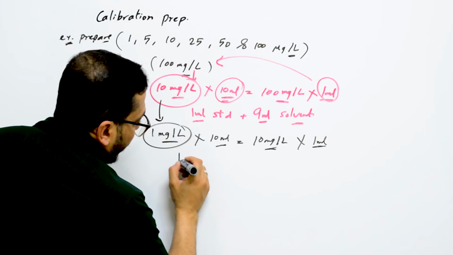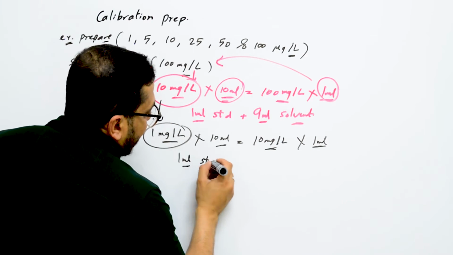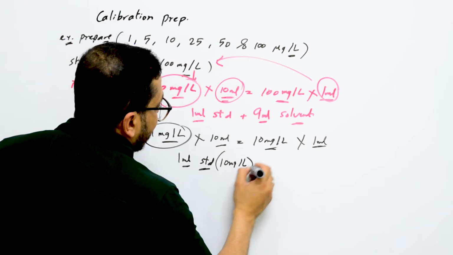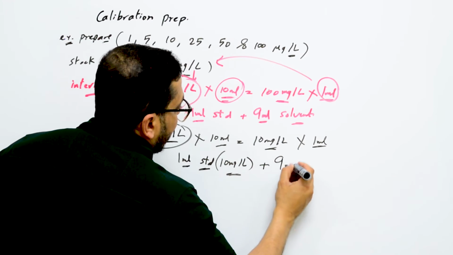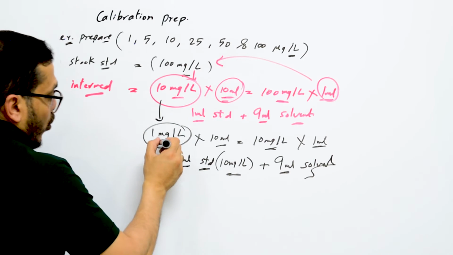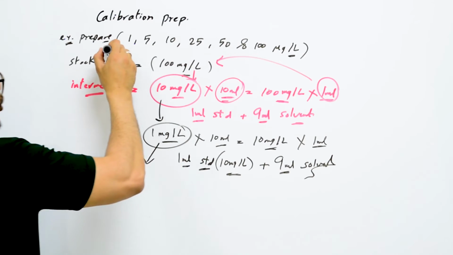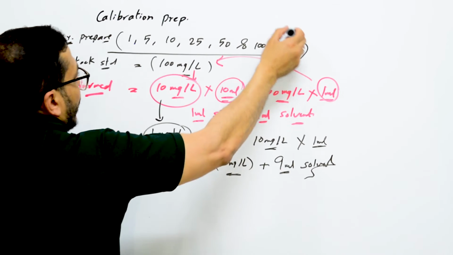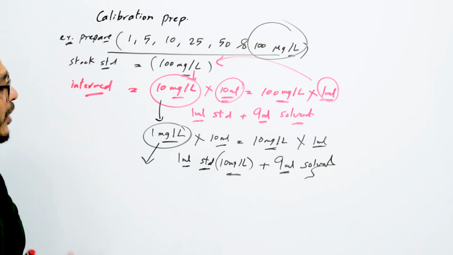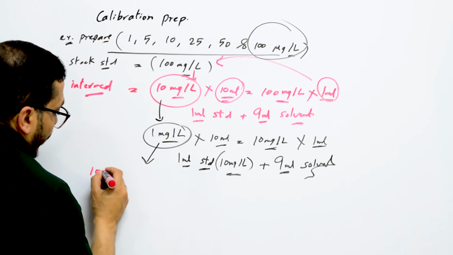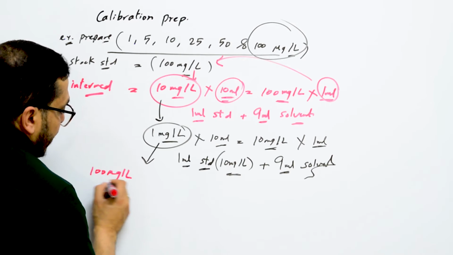So 1 ml intermediate standard, 10 milligram per liter, plus 9 ml suitable solvent you selected. And from 1 you can start preparation of your calibration standards. You don't need to go lower because the highest one is 100 microgram per liter. So you will start with 100 microgram per liter.